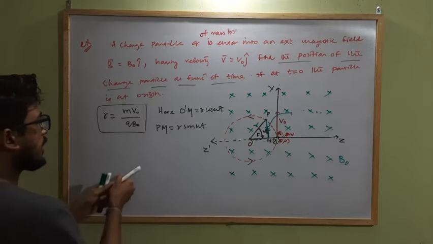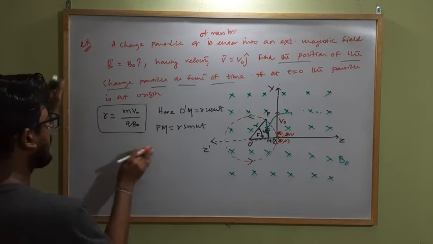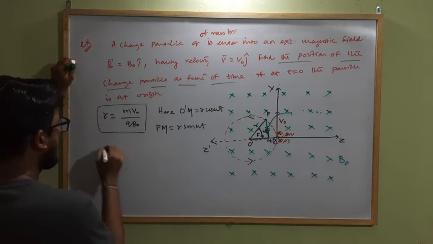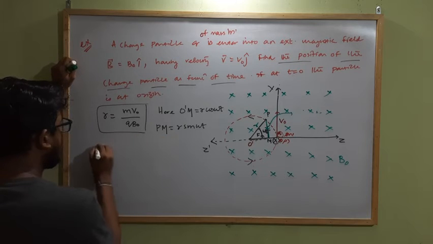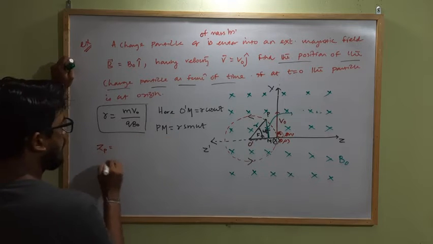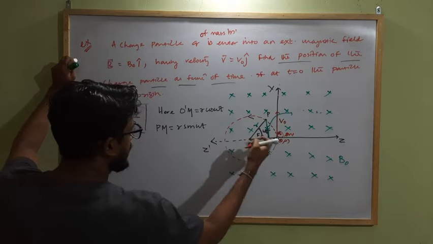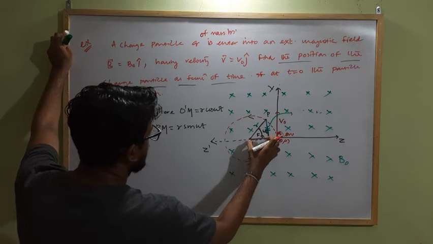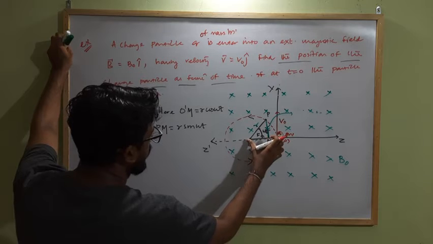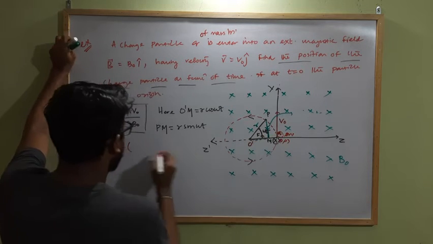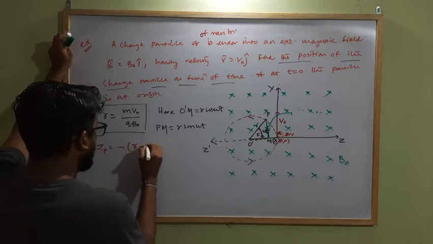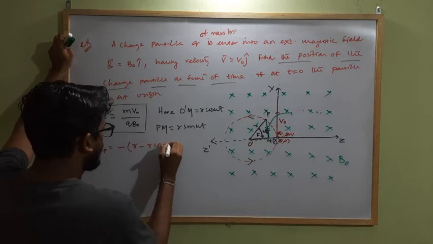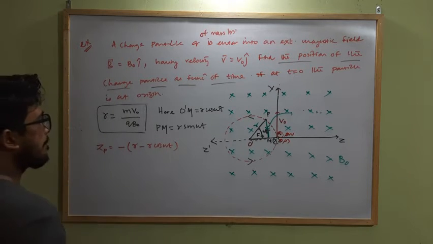So along the y-z axes, the z coordinate for the point P will be minus, this is in the negative axis, minus this length, R cos omega t. The total length is R, so this much length will be minus R cos omega t.